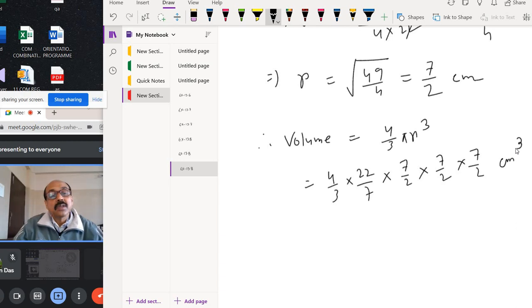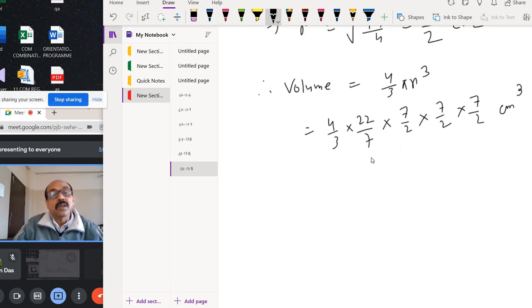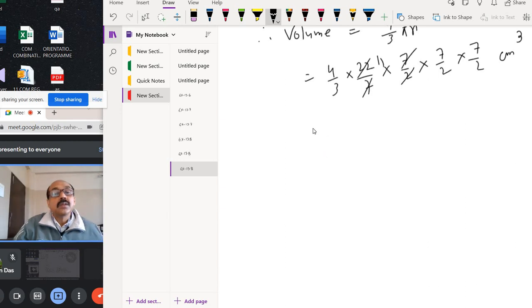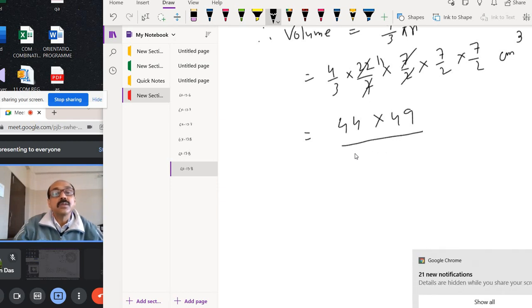Now calculate. 7 cancels, 7 twos are 11, 22 twos are 11. Now 4 into 11 is 44, into 7 into 7 is 49, by 3 into 2 is 6, 6 into 2.